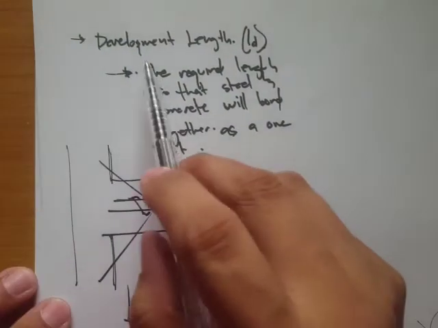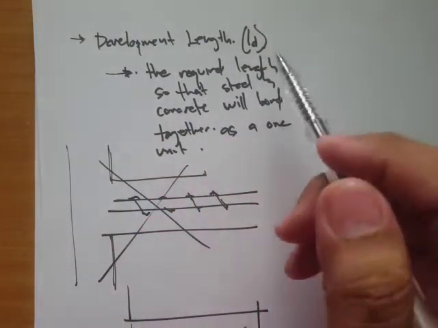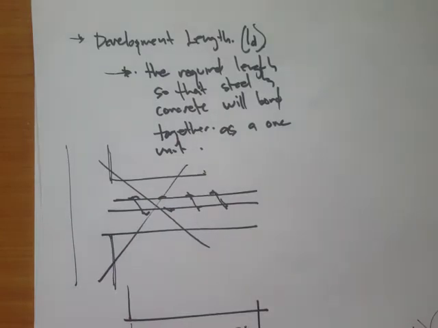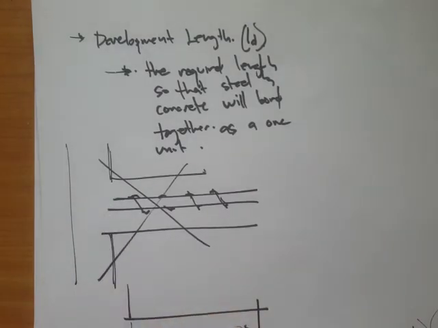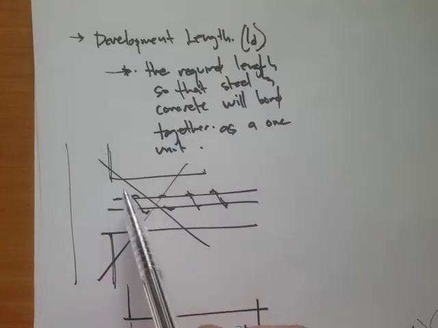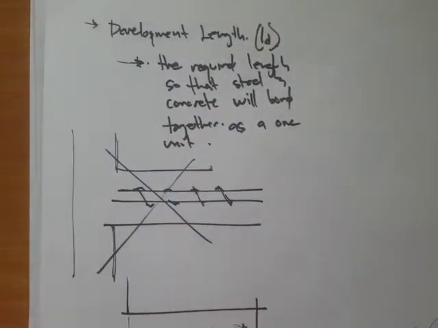Take note that this development length does not only apply to the footings. It applies to any reinforced concrete members wherein you have to provide the correct embedment, for example beams to columns. Now let's move on to the bearing capacity.